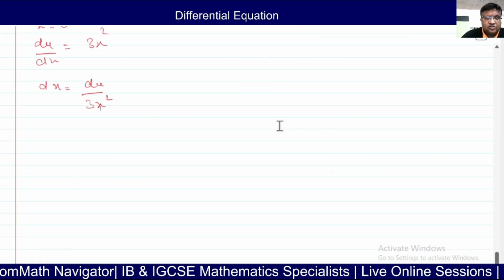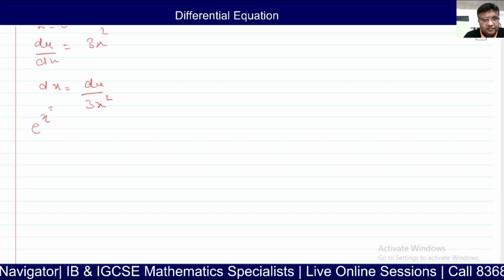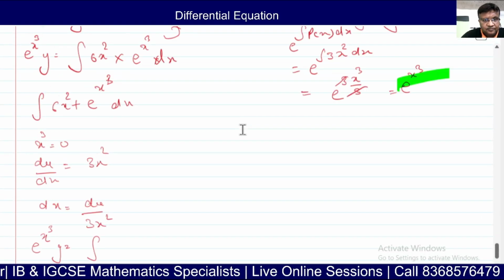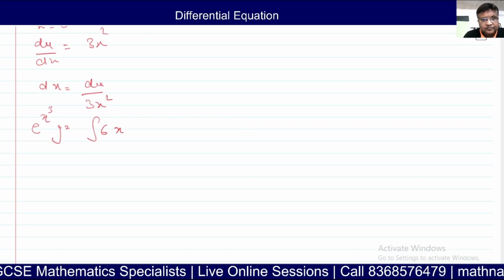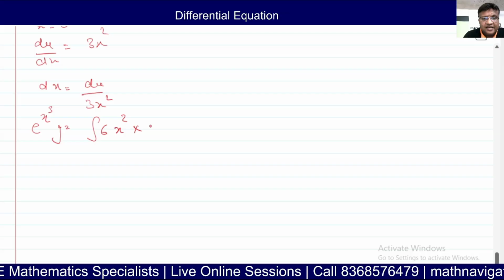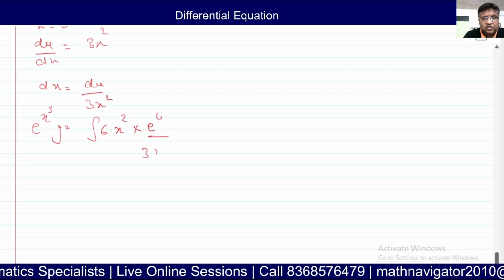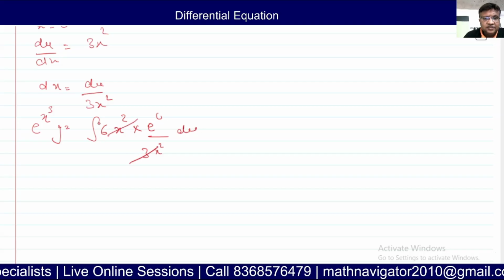So e raised to the power x cubed times y is equal to integrate 6x squared times e raised to the power u over 3x squared du. So this cancels, and I'm left with 2.